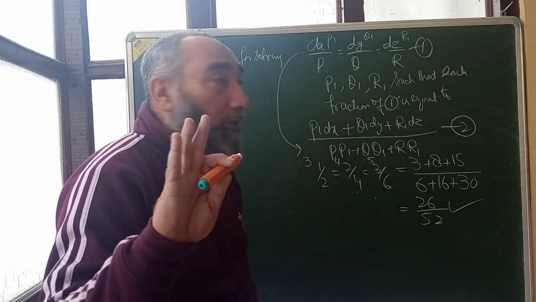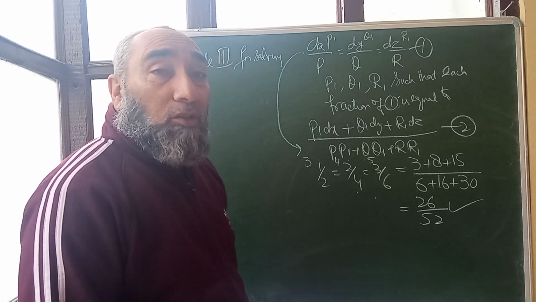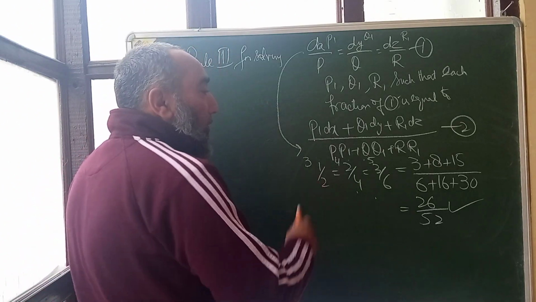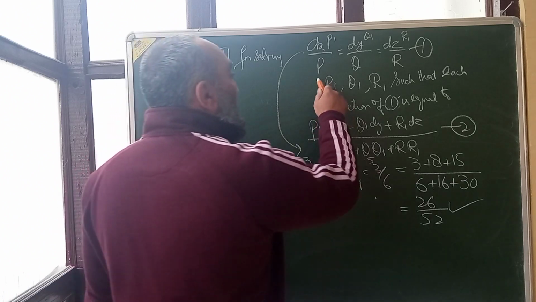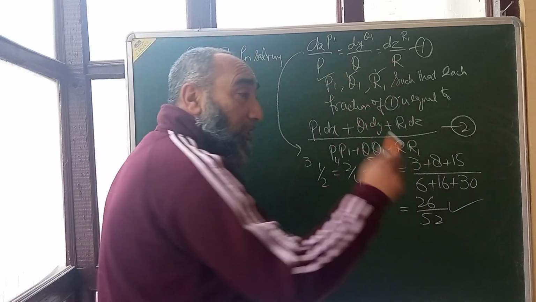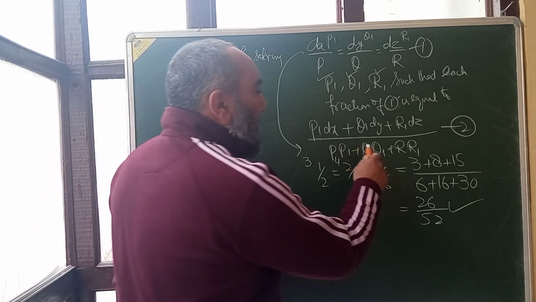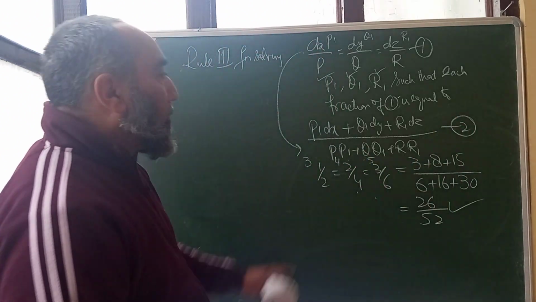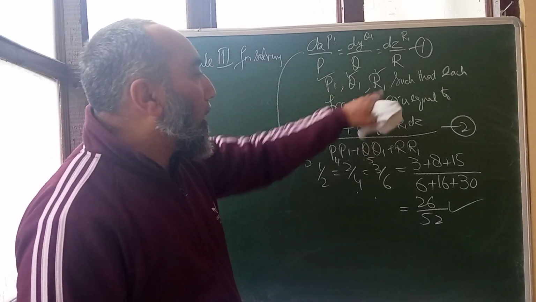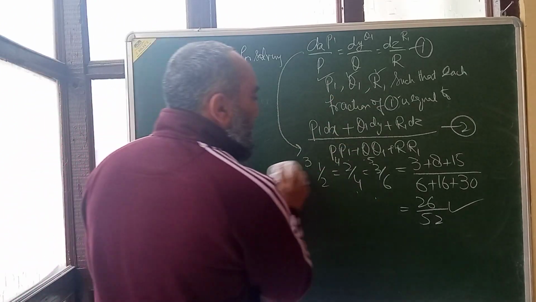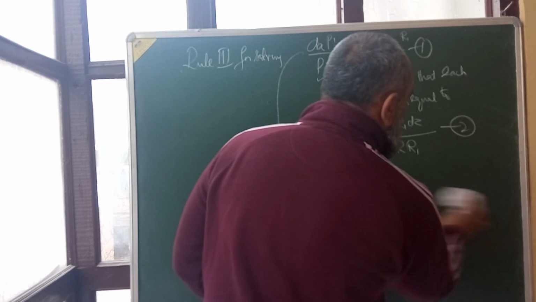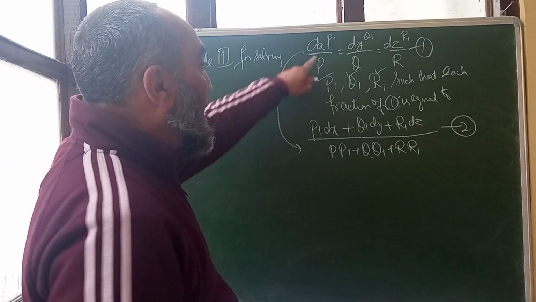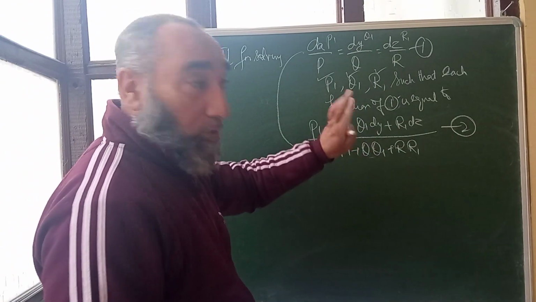This is one method. Or if this is not possible, then I will choose multipliers P1, Q1, R1 such that numerator or denominator is 0. I will choose multipliers P1, Q1, R1 such that, first of all, I have said that each fraction is equal to this. Okay, this is true.